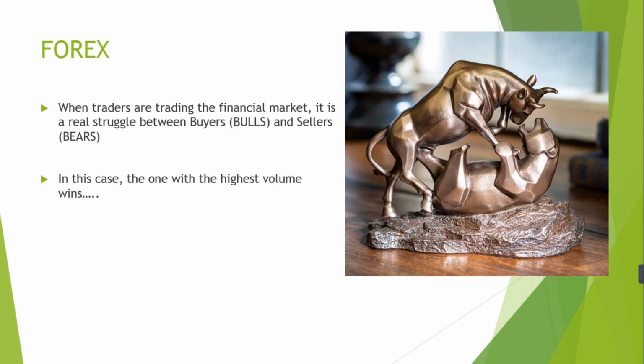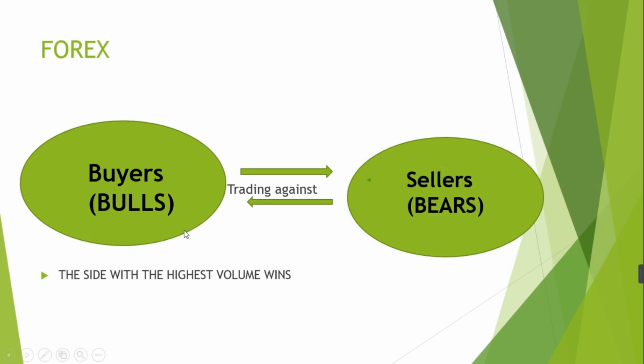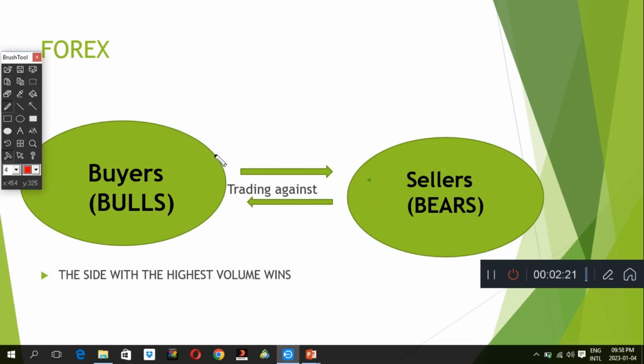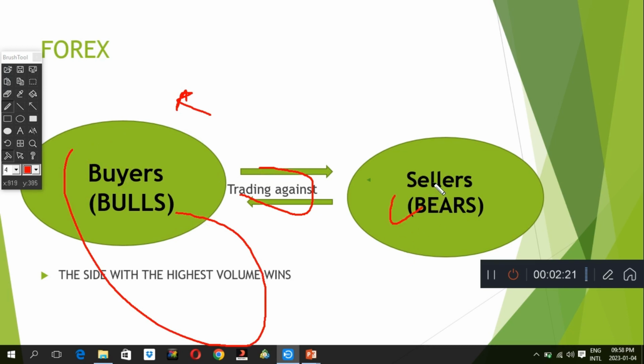Let me use the next slide to explain this. We're saying that the bulls and the bears are trading against each other. Some people are buying, let's say EUR/USD, and some people are selling. Let's just say the one with the larger lot size wins.